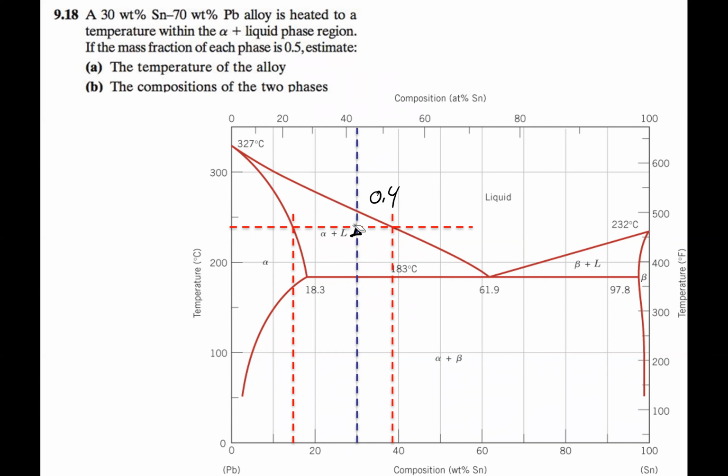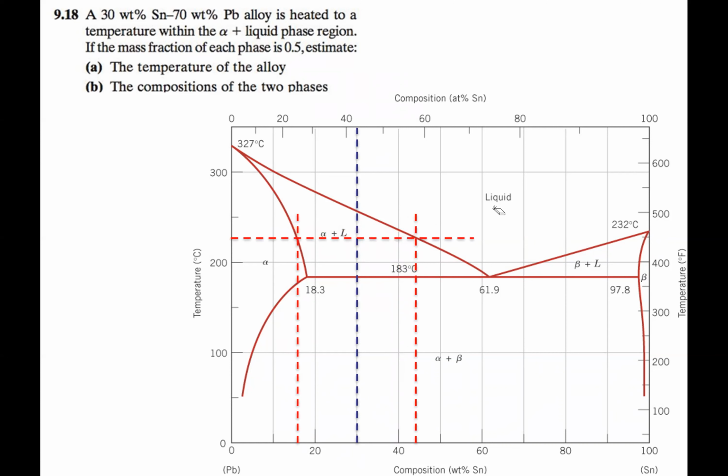So what you would do if you're working on this problem yourself, you just put a ruler on here and just slide the ruler back and forth until you see it intersect these two ends and these two pieces look 50-50. Okay? So I'm going to go ahead and drop that temperature down a little bit, right about there. So that looks about 50-50 to me. If we check down at the bottom, you can see, here we are at 30, and it looks like I've got about 10, 12, say, difference here, and it looks like I've got about a 12 difference here.